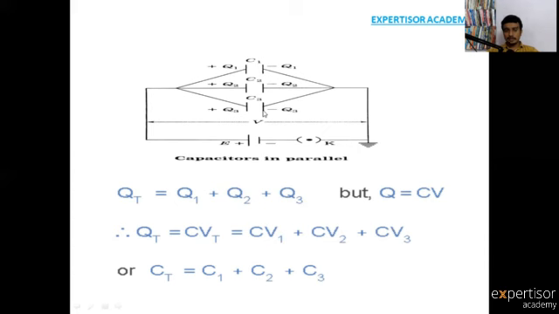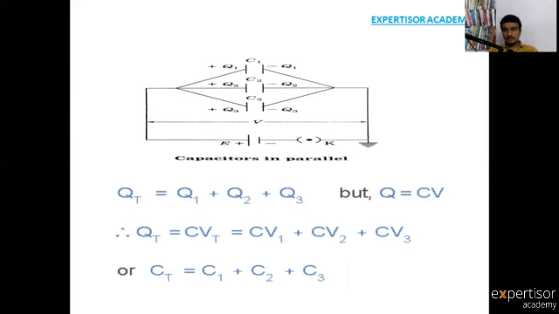So in parallel combination, capacitance and charges are different, but voltage is same. In series combination, capacitance and voltage are different, but charge is same. So this is the capacitors in series and parallel combination.